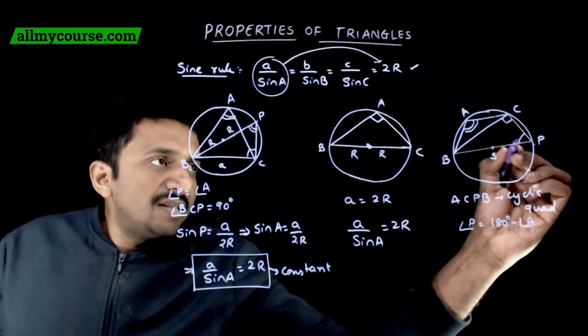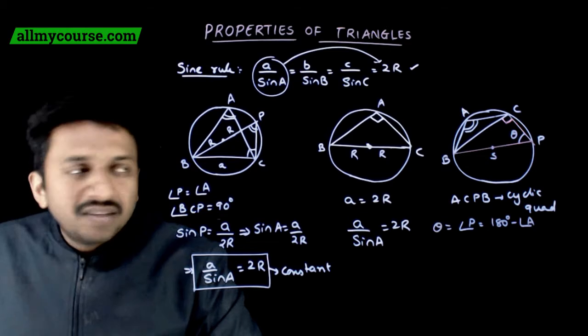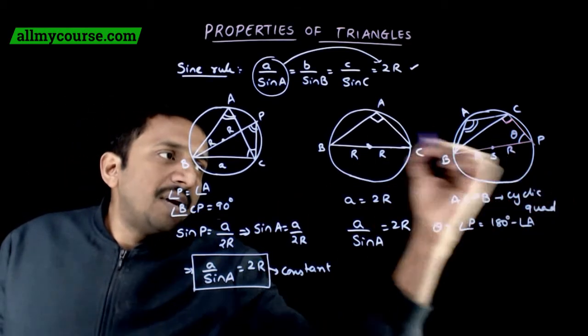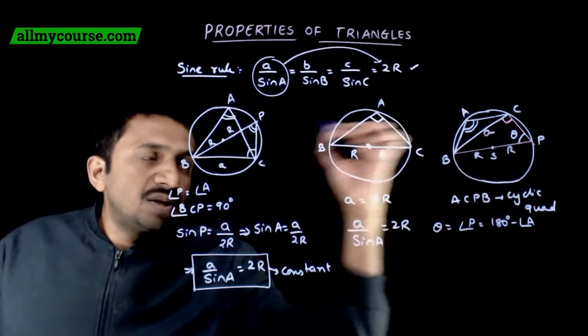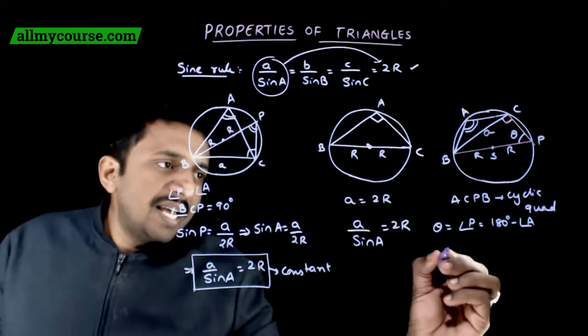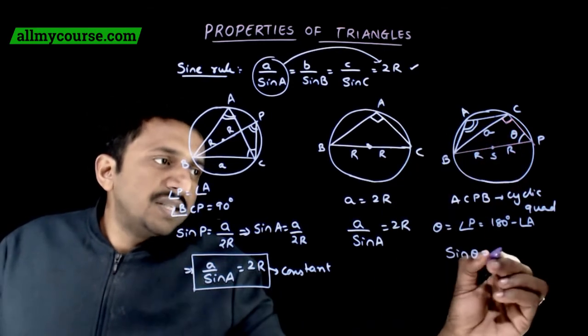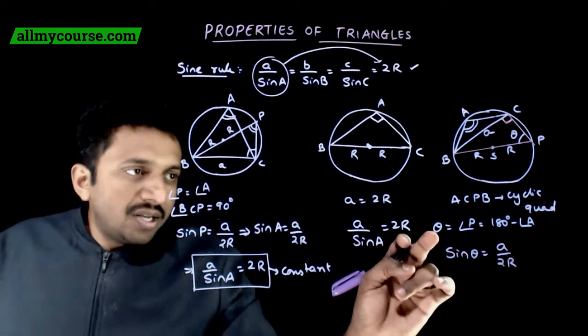So let us say this is theta. So now in this triangle, this is capital R, this is capital R, and this side is the side opposite to A. So this is small a. So what is sine theta? Sine theta is equal to opposite side a by 2R. And what is theta?